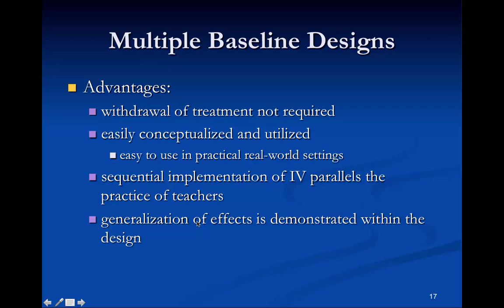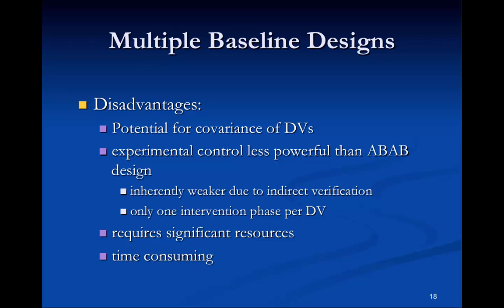And finally, another advantage is the generalization effects are demonstrated within the design. So you are showing how this is generalizing. If you're doing a multiple baseline across individuals, you're showing how it's generalizing across individuals, or across various academic behaviors, or across different settings, home, classroom, and on the school bus. So you are demonstrating naturally generalization, which is important.